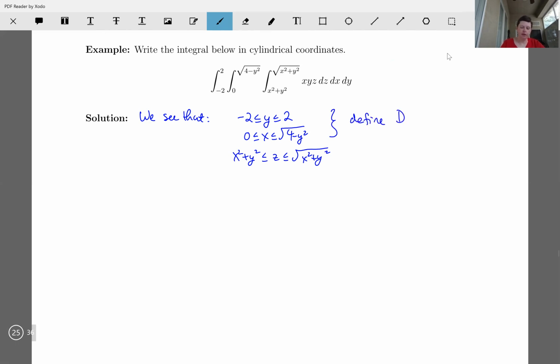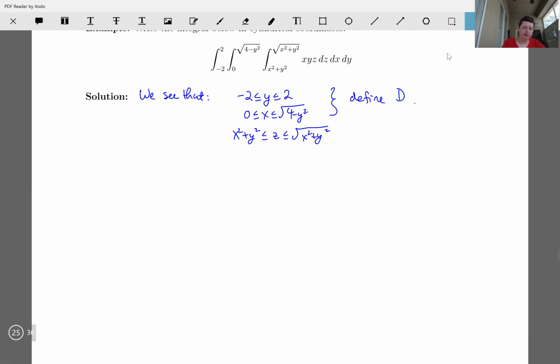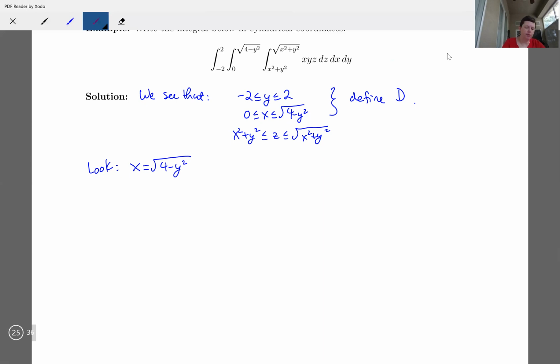All right, so let's look at that x thing. Let's look at that boundary. X equals square root of 4 minus y squared. So one thing we can do to sort of see what's going on is just square both sides.